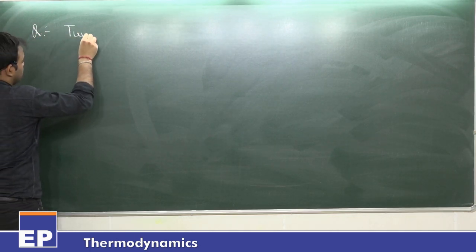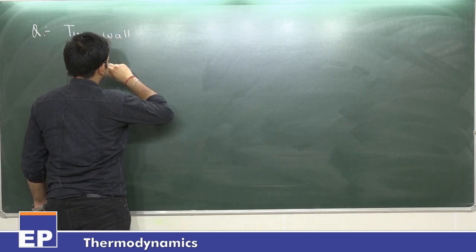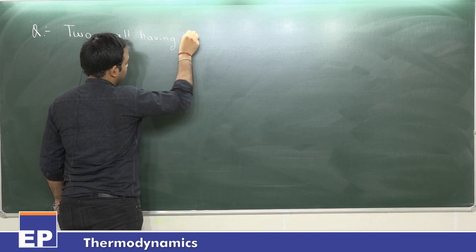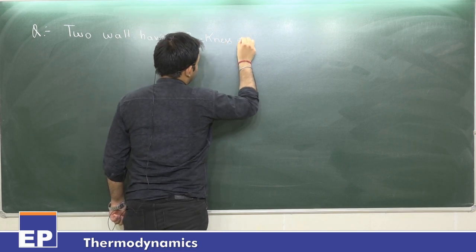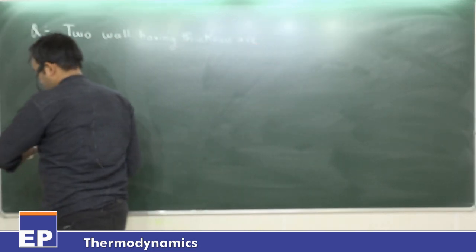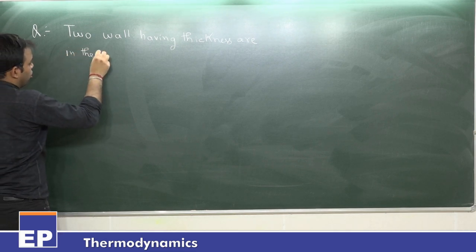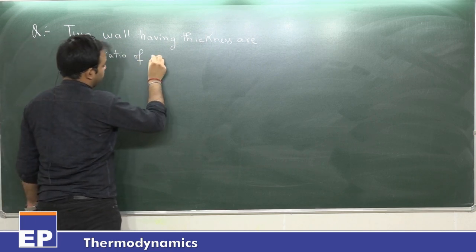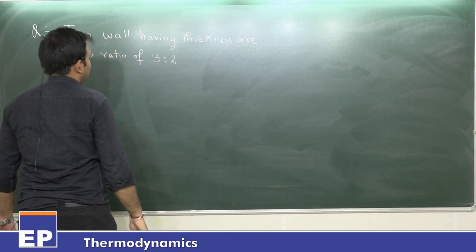Two walls having thickness are in the ratio of 3:2. Full stop.